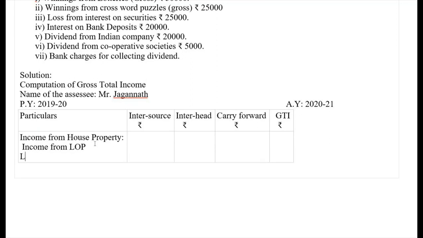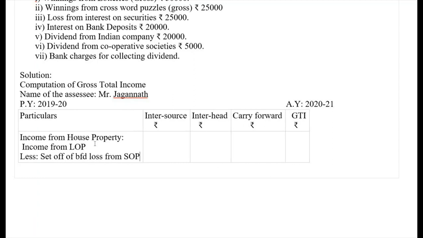First we should adjust less set off of brought forward loss from SOP. The income from LOP is given as rupees 1 lakh.